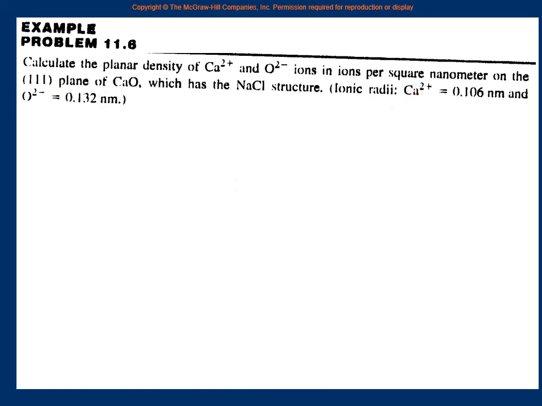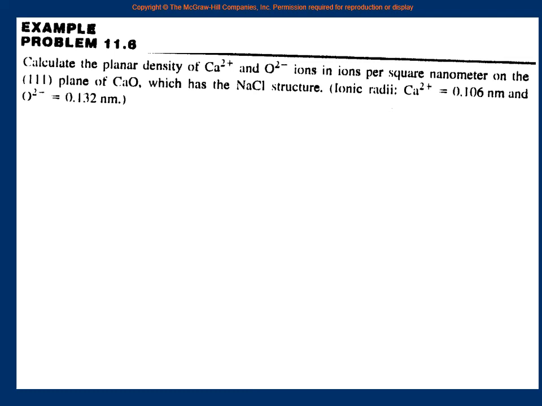So again, do not proceed further in the lecture. Pause it here in the video lecture, take your pen and pencil and start doing this. The given is that you have calcium oxide as the ceramic, which has the same crystal structure as sodium chloride. We want here to find the planar density of calcium oxide, which is the unknown, and the knowns are the radius of calcium and oxygen ions, right?